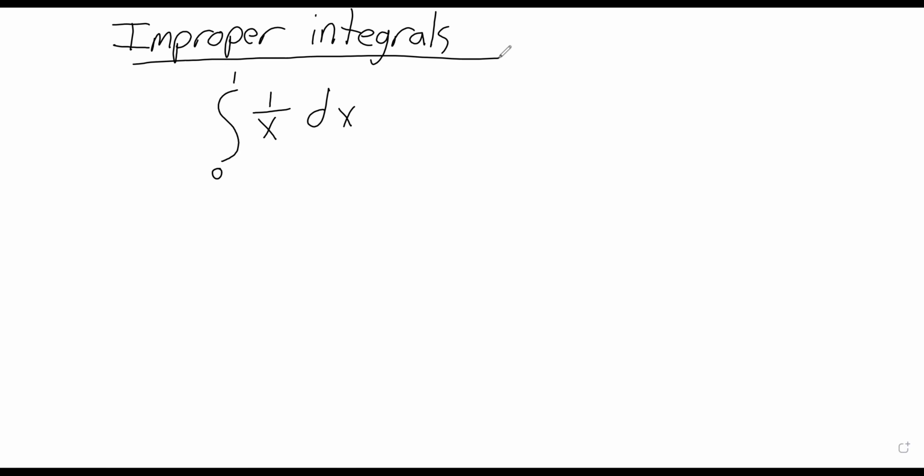So how does this differ from the integrals we've looked at so far? Well, it starts at an undefined spot. We have 1 divided by x, and we're starting at 0, and 1 divided by 0 is not defined.